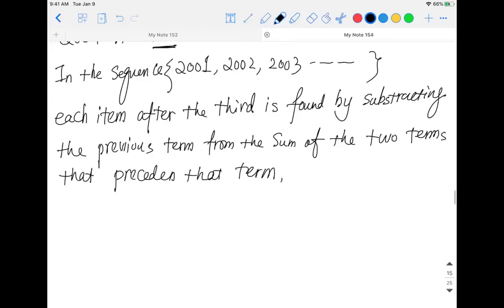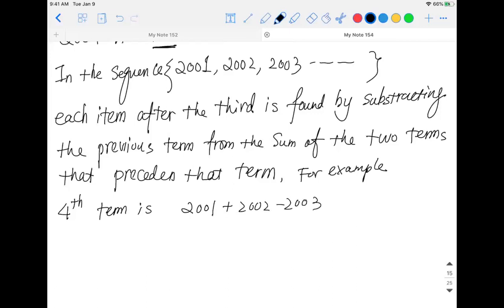For example, the fourth term is this plus this minus this. That one equals 2000. With this information, what is the 2004th term in the sequence?